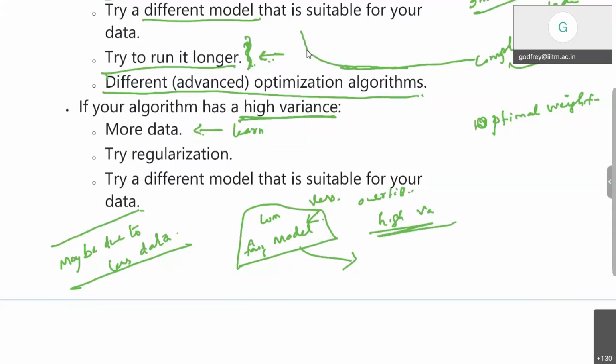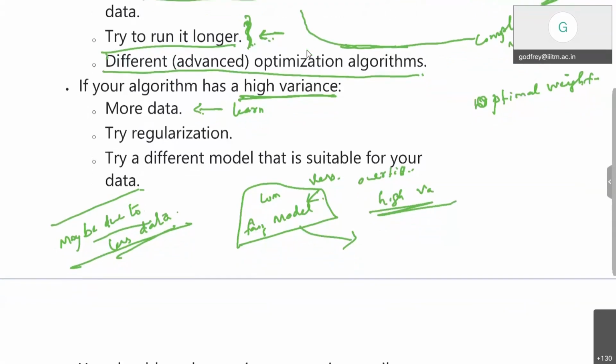So one possibility is to increase the size of the data set so that your model is able to reduce its variance. Another possibility is to try regularization.